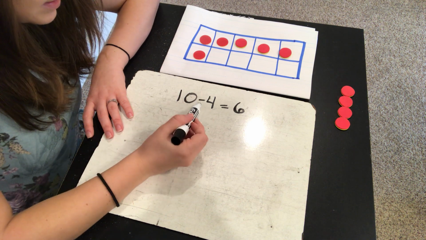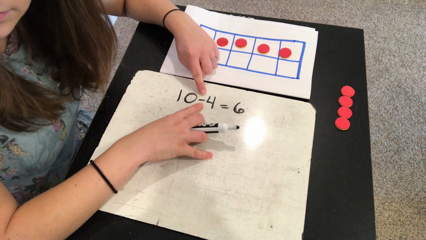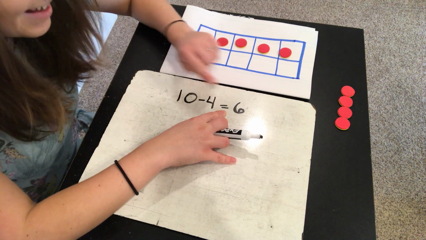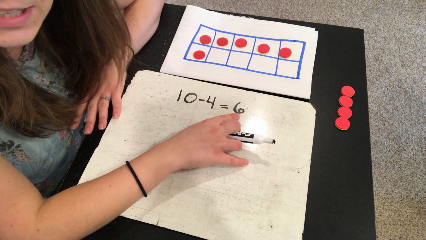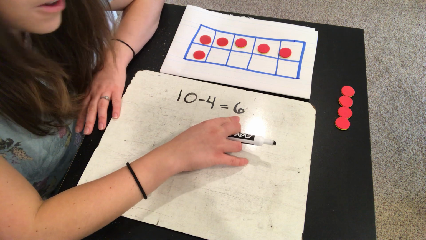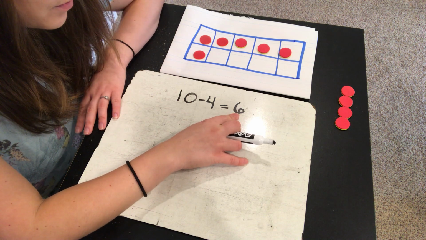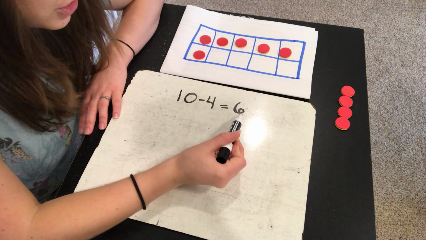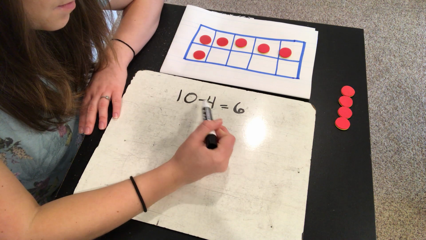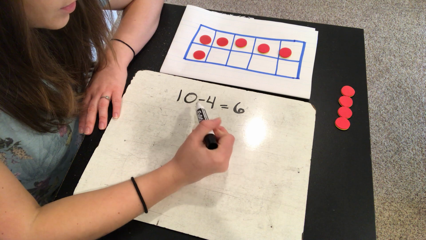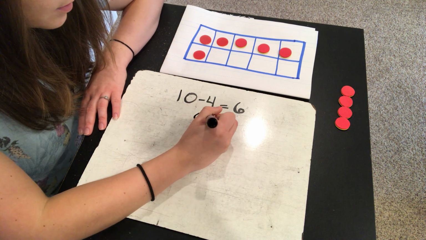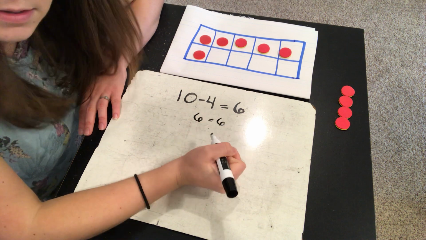Okay, remember this is the minus sign here. This is the equal sign, and this is the difference. In subtraction, we call the answer the difference. Don't forget the equal sign means that each side of this equation is equal. So 10 minus 4 is 6. 6 equals 6.